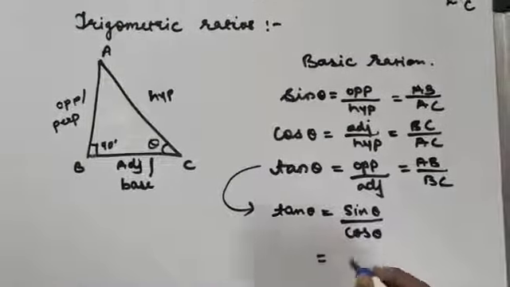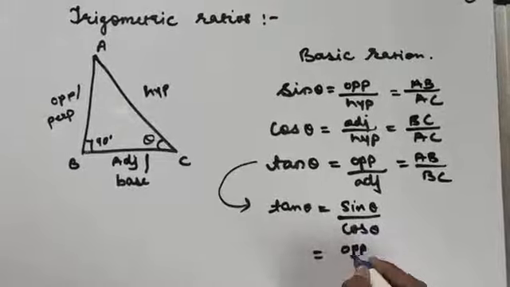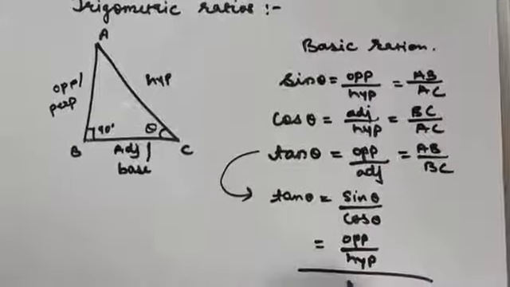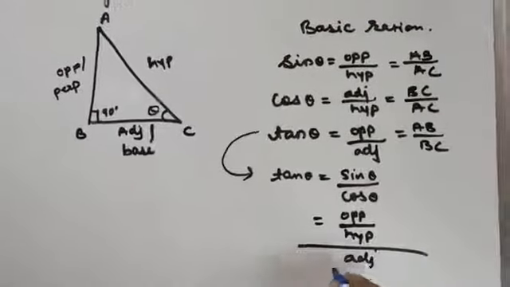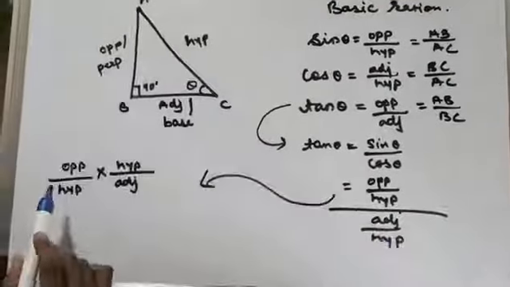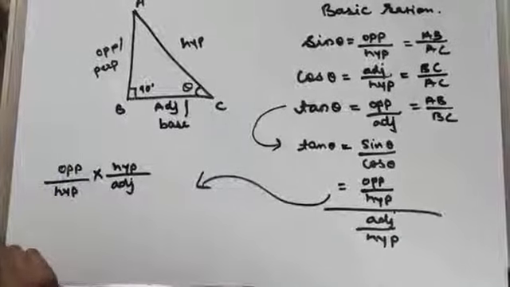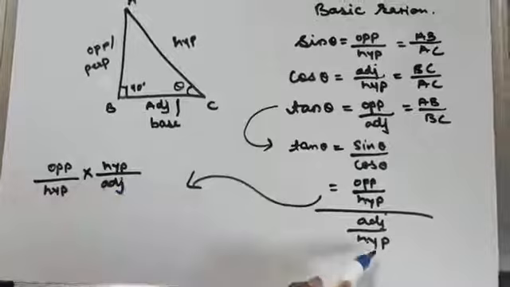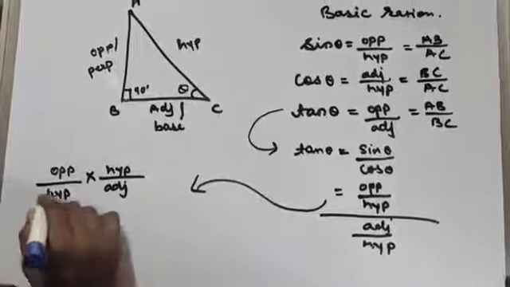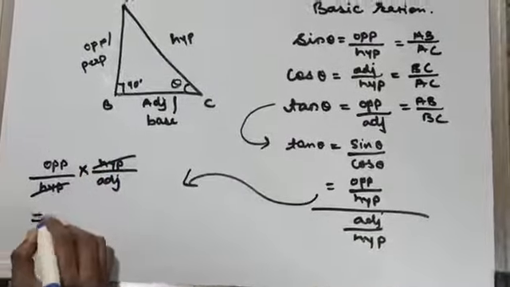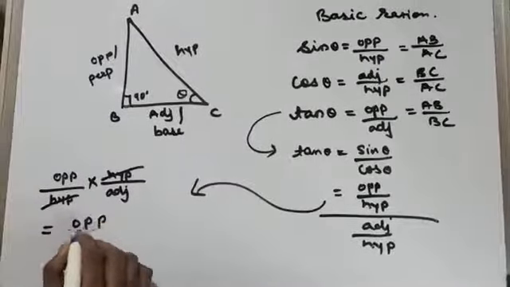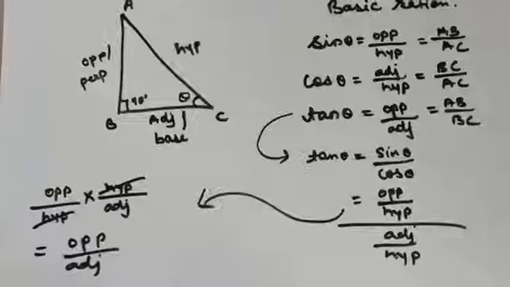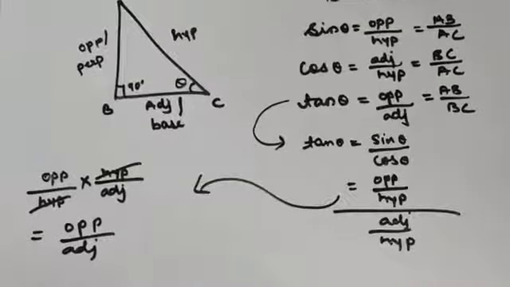Because sine theta is opposite side upon hypotenuse and cos theta is adjacent side upon hypotenuse. Opposite side upon hypotenuse into hypotenuse upon adjacent side. This is the reciprocal of this thing. Okay, so hypotenuse gets cancelled, so what remains is opposite side upon adjacent side. So understood?